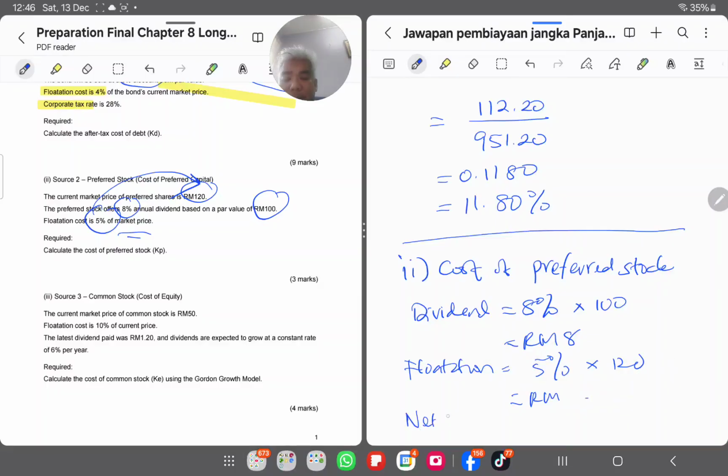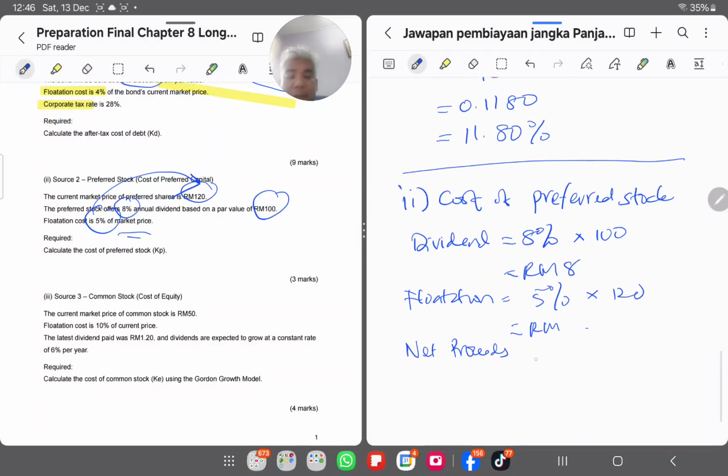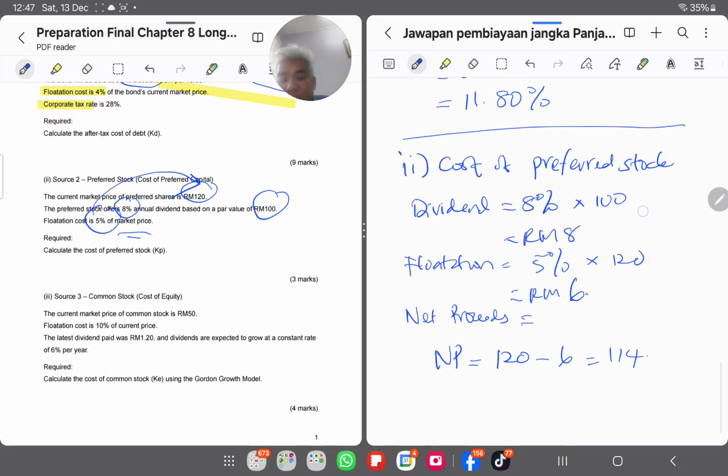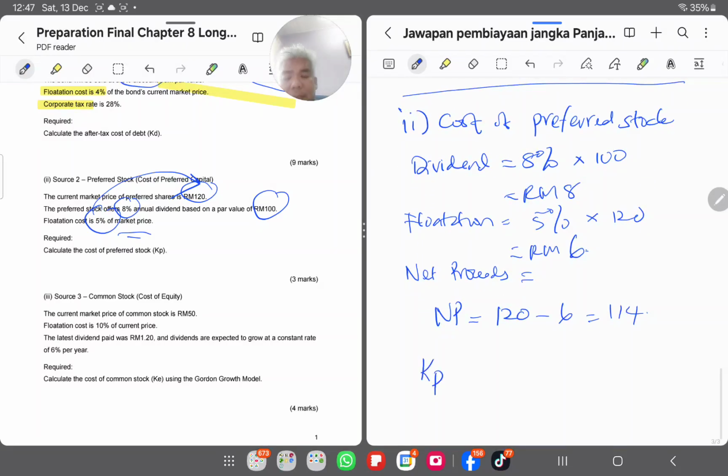Then net price, NP, is 120 ringgit minus 6 ringgit flotation. See, this is the market price, and then we will get 114. And then the KP, cost of preference shares, is DP, dividend, divided by NP.